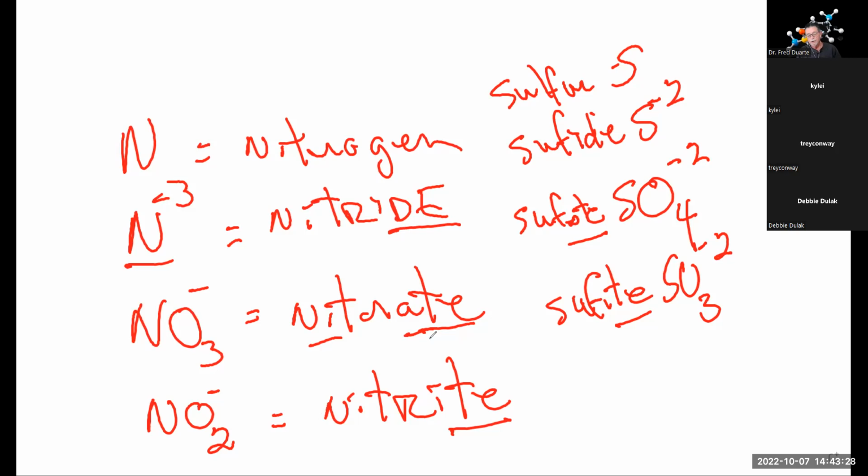So 3 types of nitrogen species, 2 of them bonded with oxygen, and there are more of these types that we're going to have a whole talk about when we get into nomenclature, where we have hypo, nitrite, and so forth. We'll talk about that and how to determine what they are.